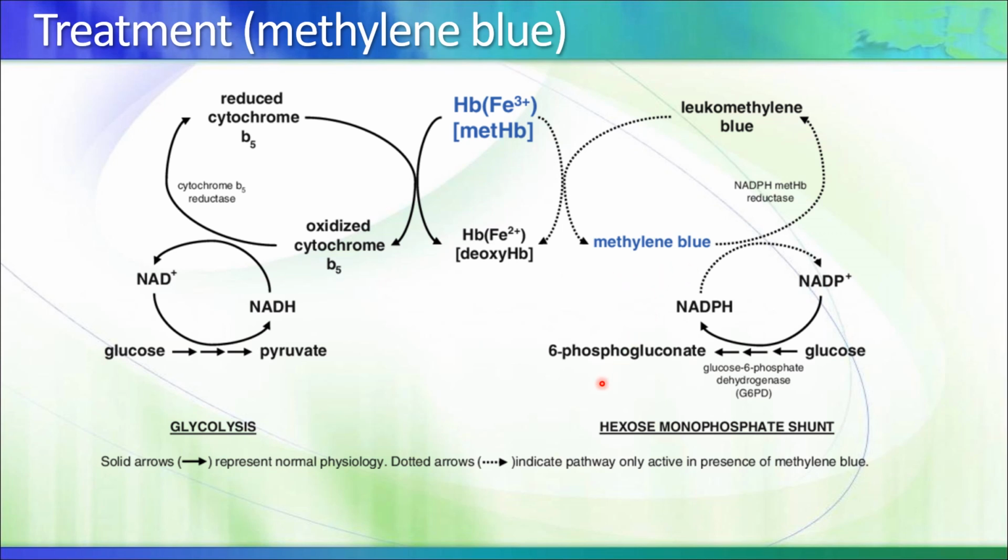Now, there are two major metabolic pathways in red blood cells. One of them is glycolysis, and the other one is the pentose phosphate pathway. What happens with the pentose phosphate pathway is the production of NADPH. Now, NADPH is the source of electrons that would be used to reduce methylene blue to another product known as leucomethylene blue.